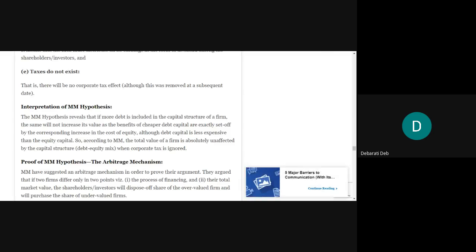So there is no effect. Both are the same. Even if you decrease the equity and debt, it will not affect the value of the firm. In simple theoretical terms, you can say that according to the Modigliani-Miller hypothesis, without taxes, the total value of the firm is absolutely unaffected by the debt equity mix.